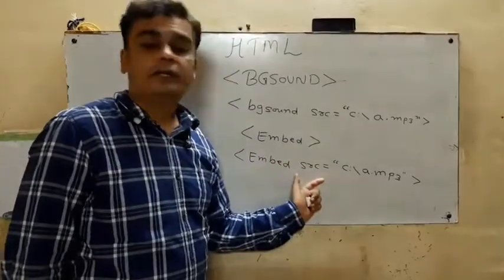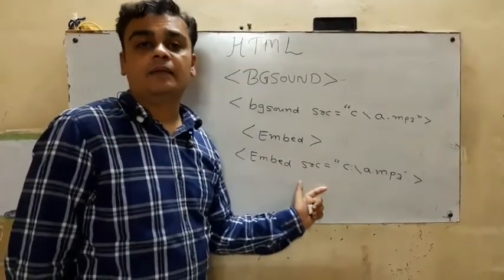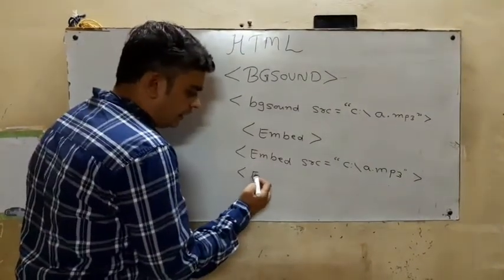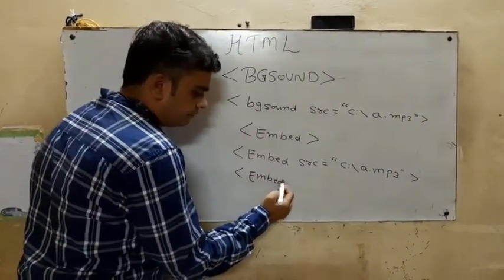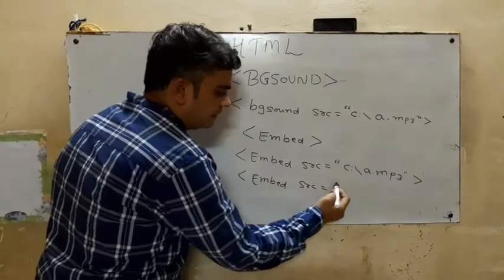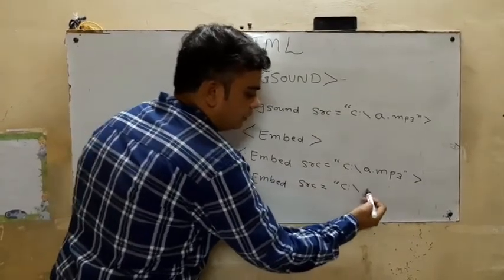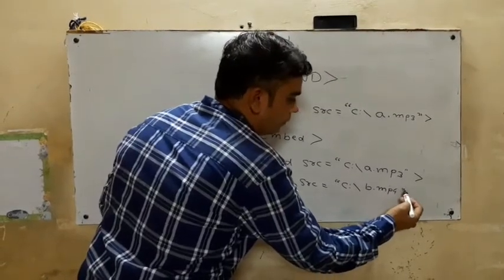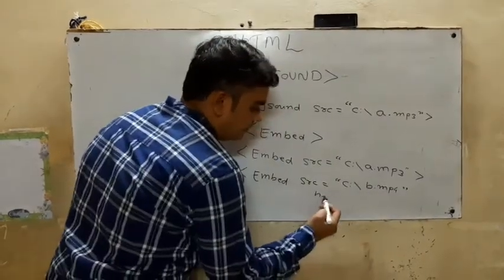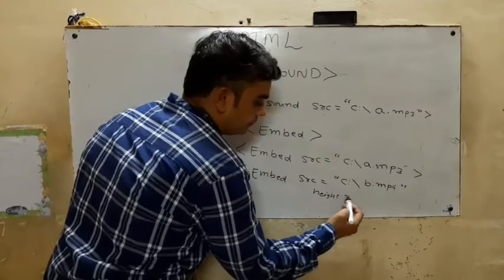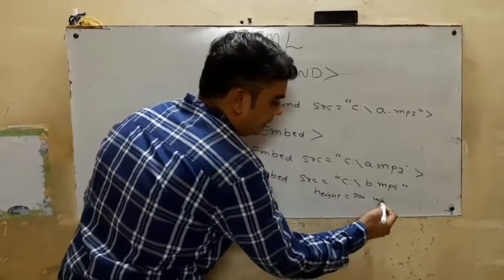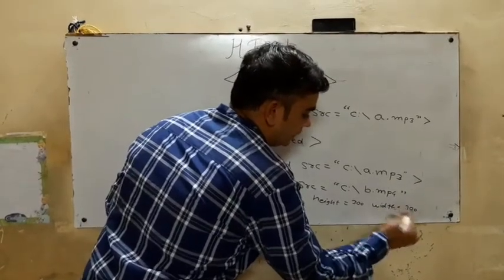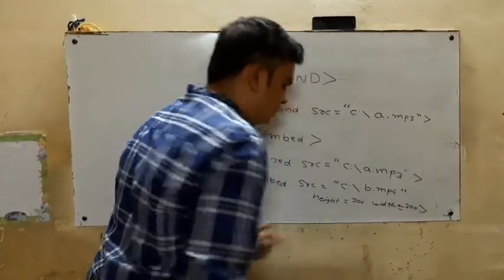So if I need to insert a video file in my web page, how can I insert it? Same thing, I just write embed, SRC equals C colon, suppose I write b.mp4, then I use height equals 300, width equals 300.